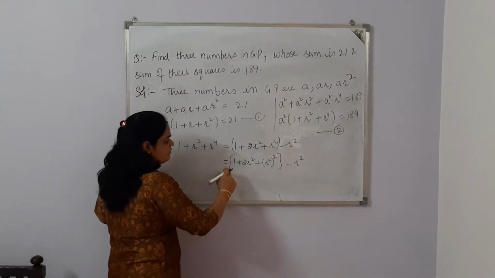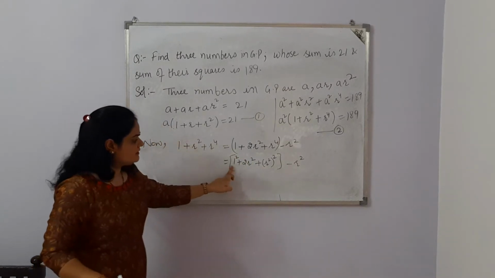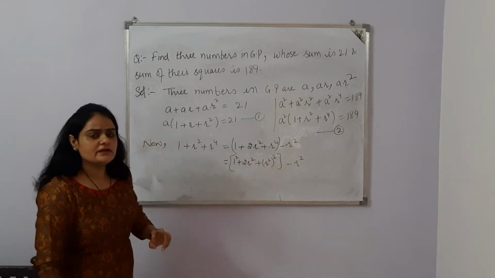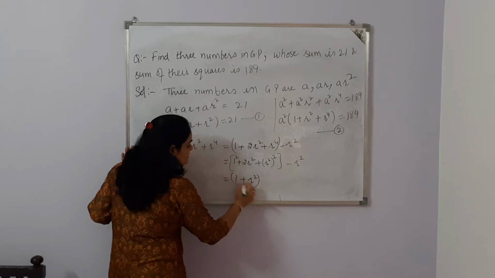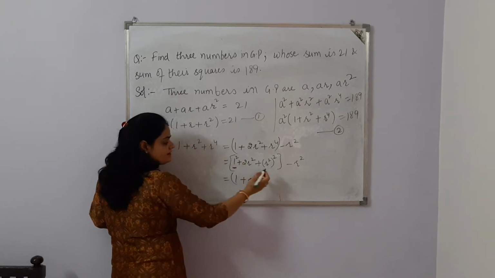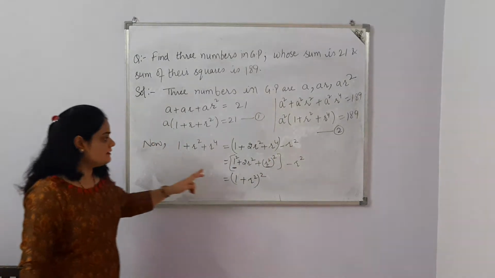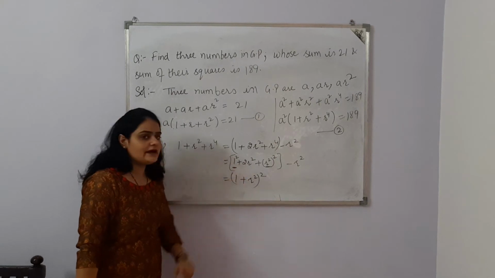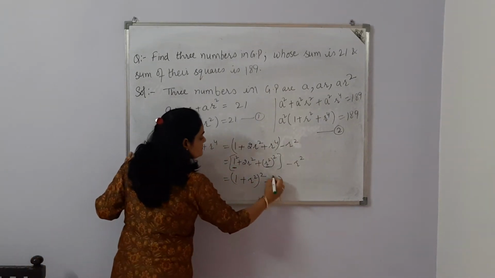Now, can I write 1 as 1 square? a square plus b square plus 2ab, the formula you have been given, is a plus b whole square. This is your a square, 1 square. b is nothing but r square, so b square is r square square, plus 2 into 1 into r square, which is 2ab. So the a plus b whole square formula, minus r square.